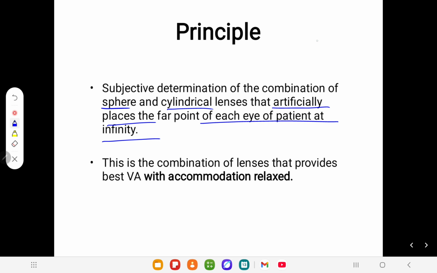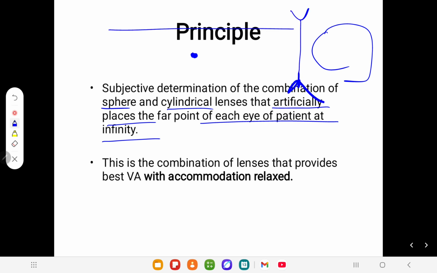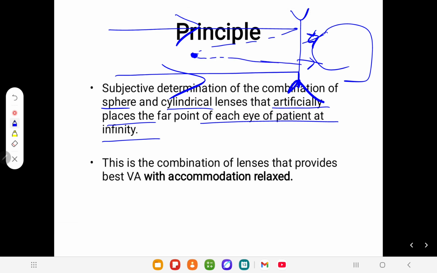Let's take an example. If this is a patient's eye and her far point is here, let's say she is myopic. What was the principle of subjective refraction? Light comes from infinity. The secondary focal point of the correcting lens must match the far point of the eye, and at that point light focuses at the retina, isn't it?